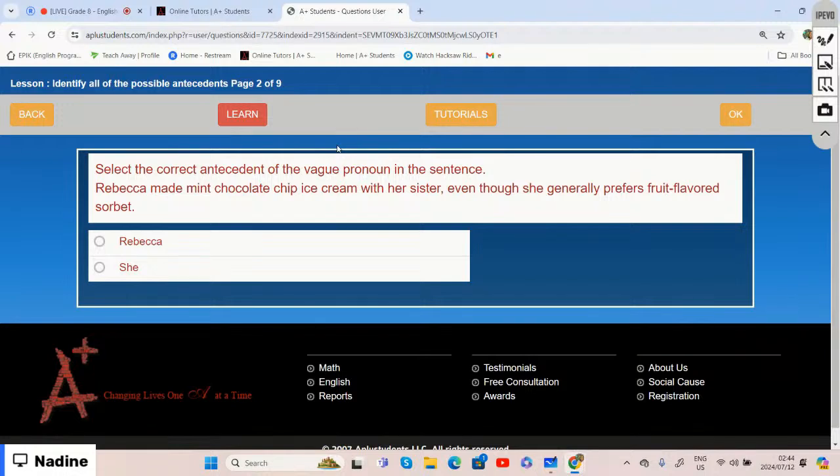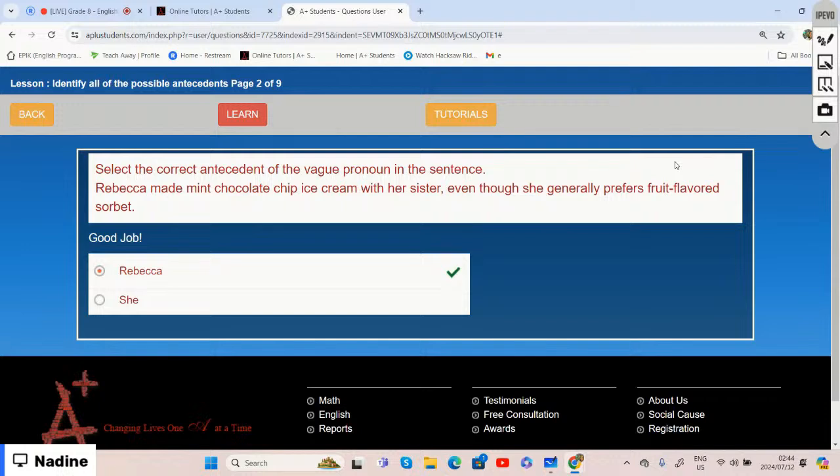Is it Rebecca or is it she? Rebecca or she? And if we were to choose the correct one, we would choose Rebecca because Rebecca is our antecedent.